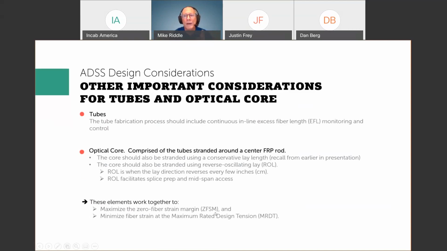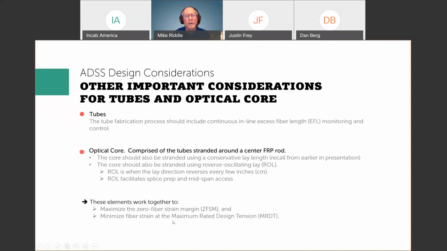These aspects work together to maximize the zero fiber strain margin. We talked about that on the same slide I went back to before. Ideally, and we'll talk about this again in a minute, you don't want the fibers to be under tension under everyday conditions. Sometimes you have ice and wind loading on a cable, and the fibers will experience tension up to the maximum rated design tension of the cable.